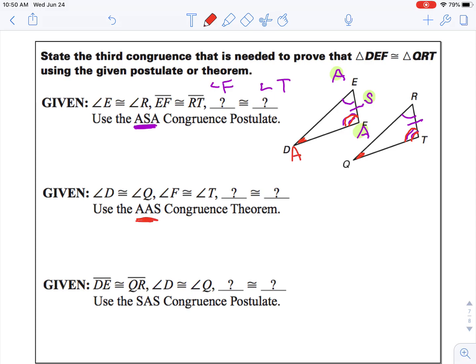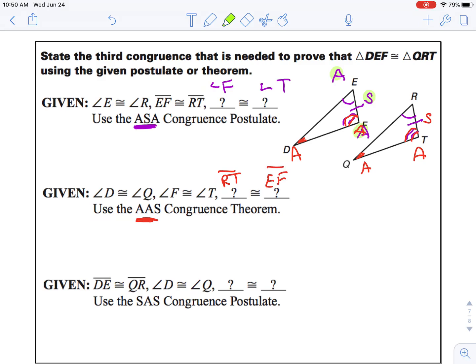So right now we have angle, angle, and we need that side. We're going to need this side right here. So we will need that RT is congruent to EF.